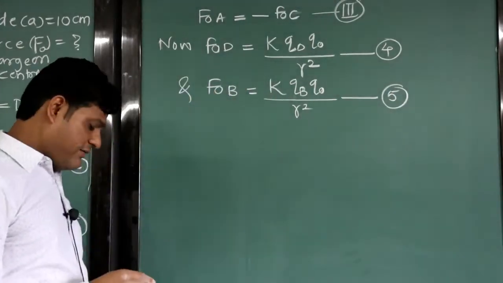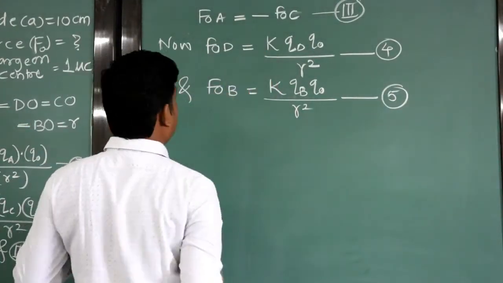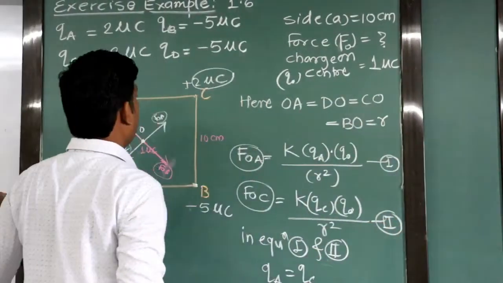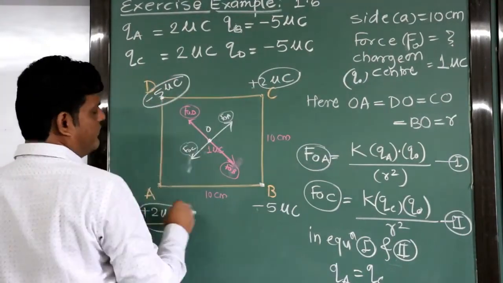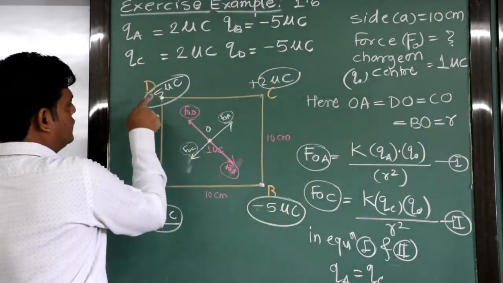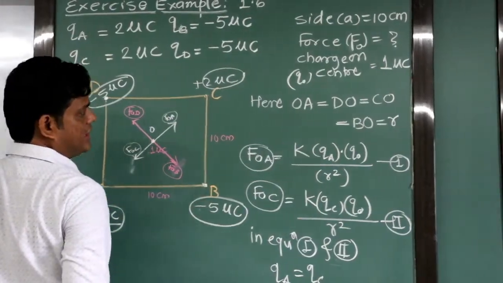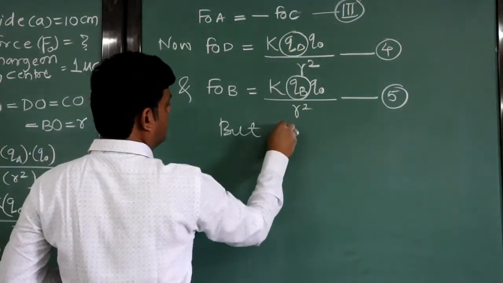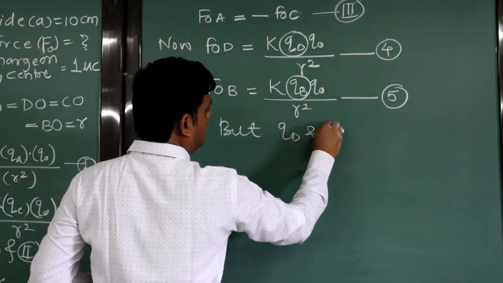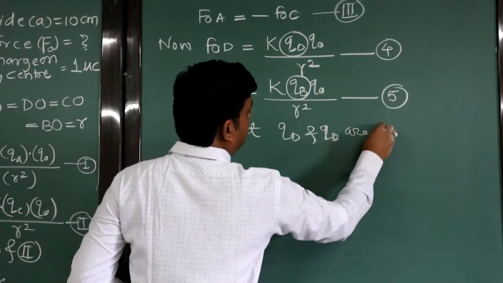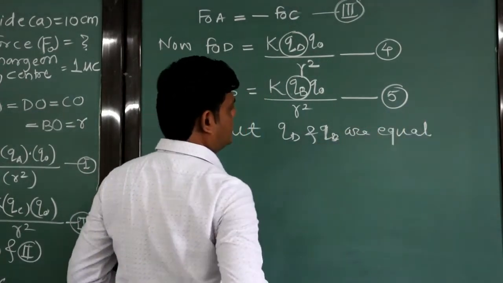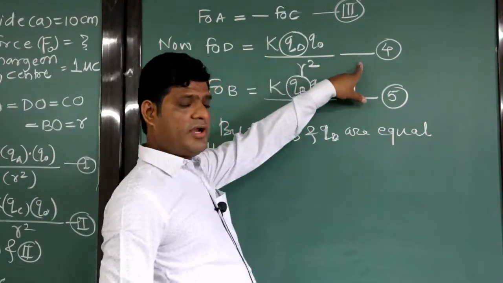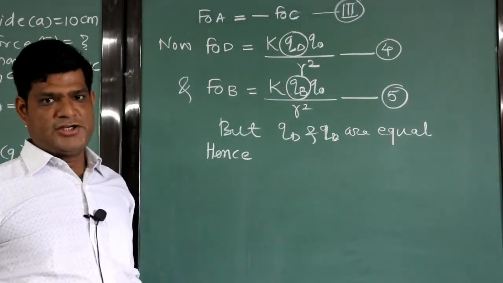In equations 4 and 5, we know that QD and QB are equal. See the diagram. This is minus 5 microcoulomb, this is also minus 5 microcoulomb. So QD and QB are equal. Hence equations 4 and 5 are equal in magnitude, right?